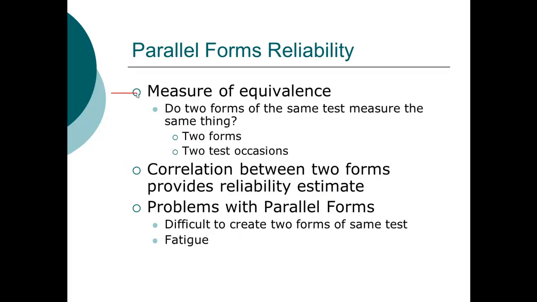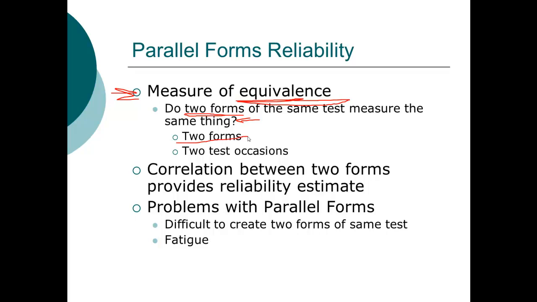Parallel forms. It's a measure of equivalence. Are the tests about equal? Now, the problem is we've got two different forms of the same test. Will they measure the same thing?